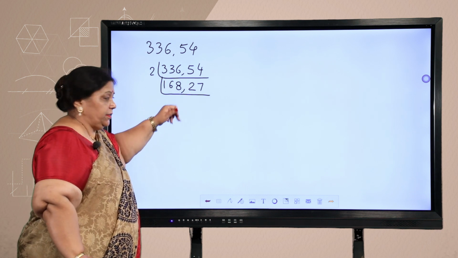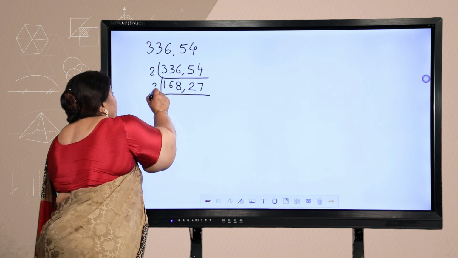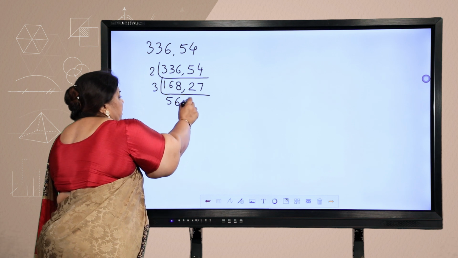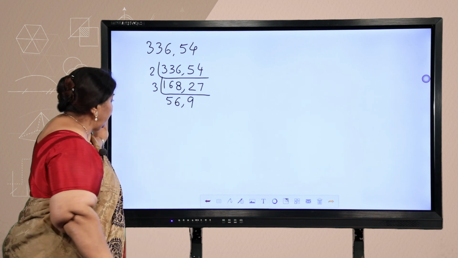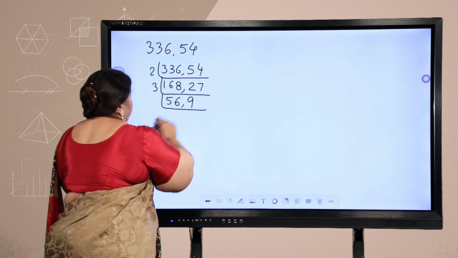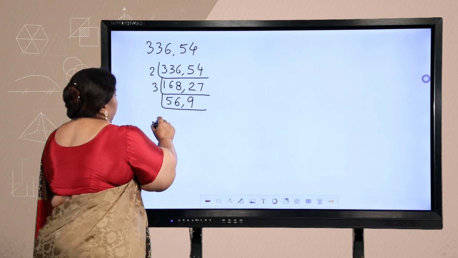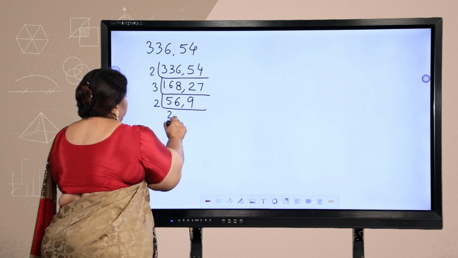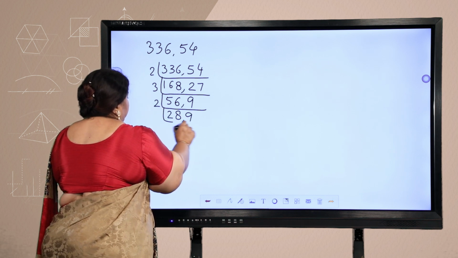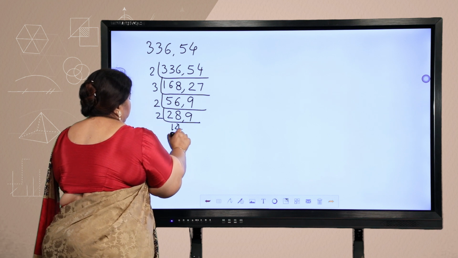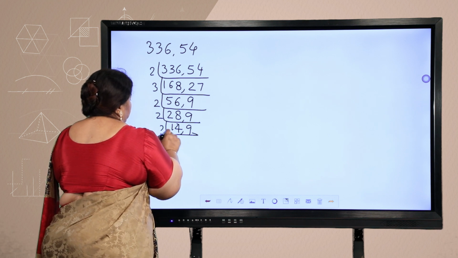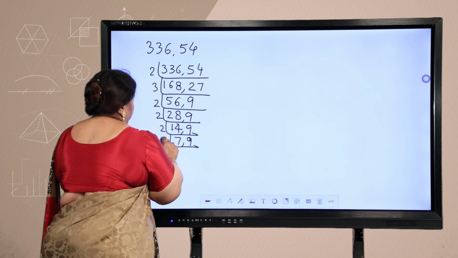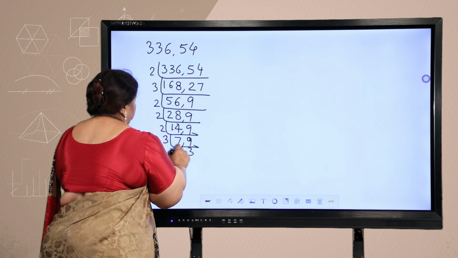So, I can divide by 3. Divisibility rule I am making use of here. 3 5s are 15 and 3 6s are 18. 3 9s are 27. So, again with 2, 2 2s are 4, 2 8s are 16 and 9, 2 14 into 9, 2 7 into 9, 3 into 3.